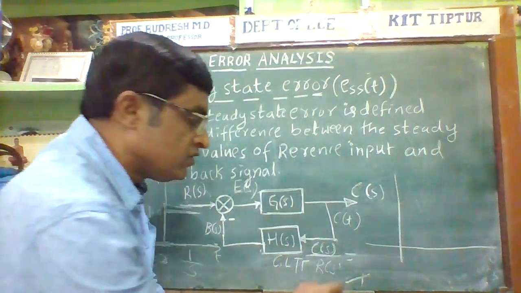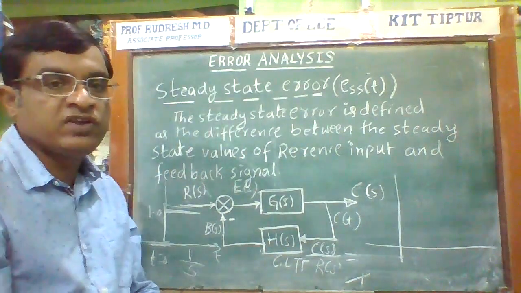C of s divided by R of s is called the closed loop transfer function of the system.